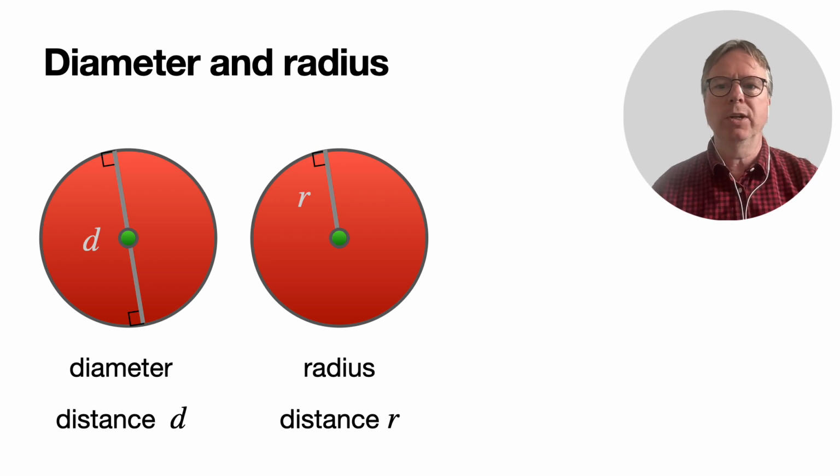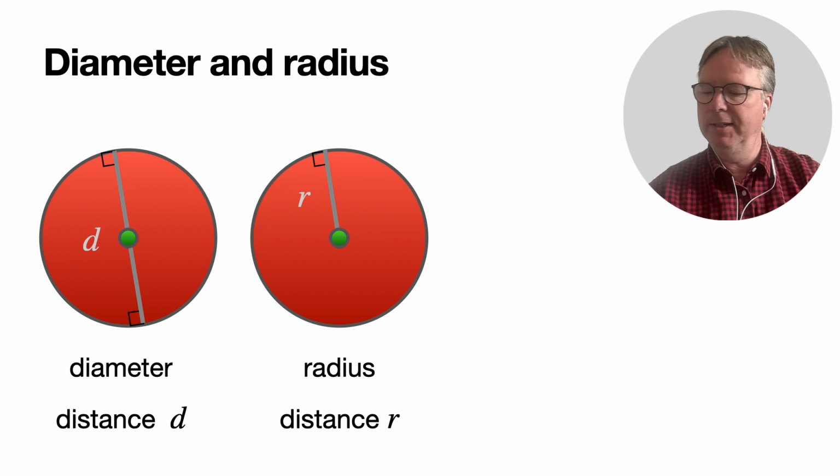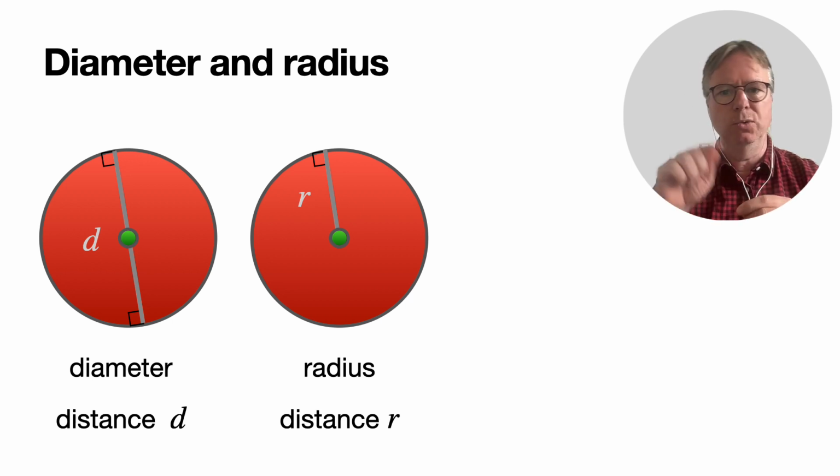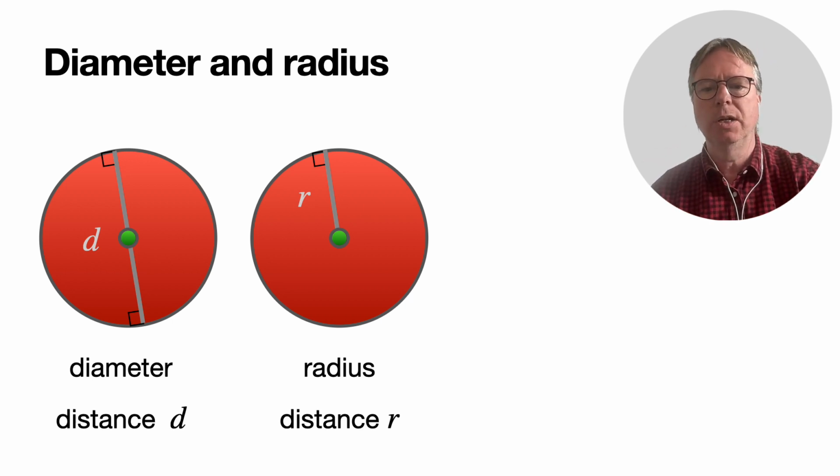So just a quick word about diameter and radius. I use all those terms. The diameter is, when I put my fingers like this, the separation of my fingers, that's the diameter of this little ping pong ball. The radius is from the center to every point on the sphere.